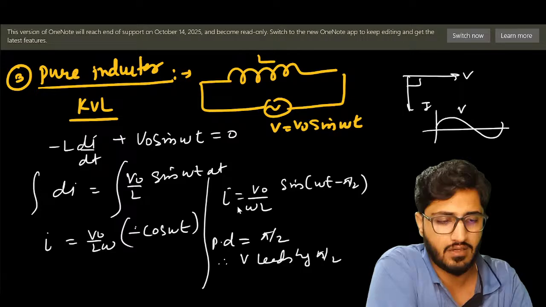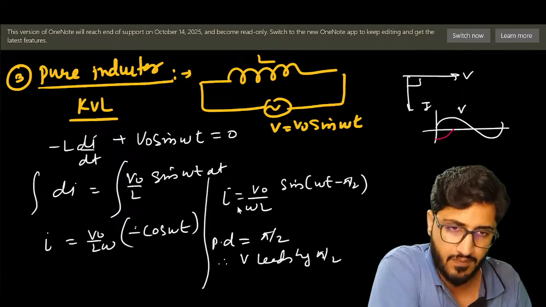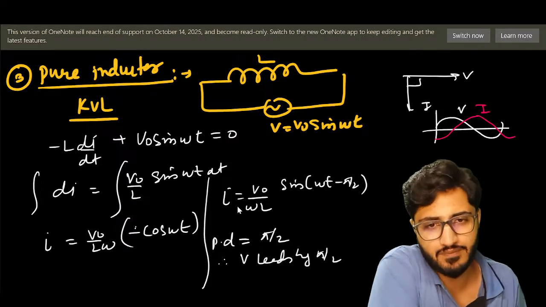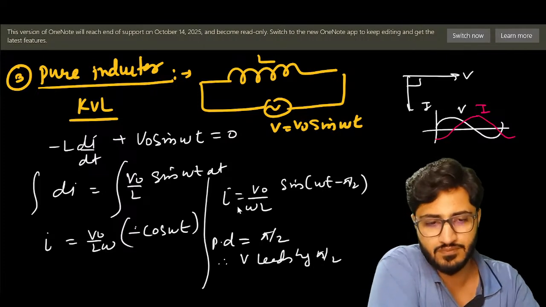So my current is here now. It is like this, this is my current equation. Done?